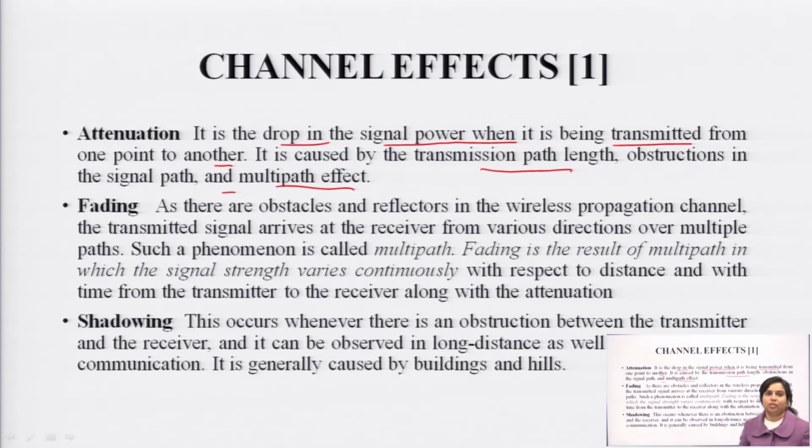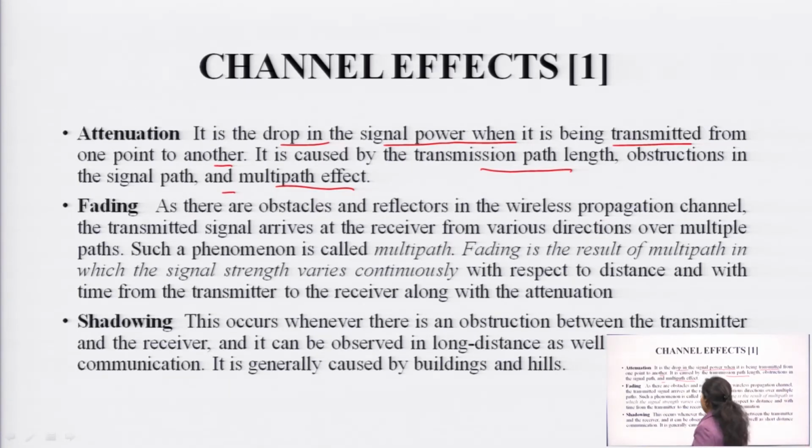The signal is attenuated. When you hear that the signal is attenuated, it means the strength or the power of the signal gets reduced due to multipath propagation, because multiple effects are there, like atmospheric propagation and raindrops, which will change the characteristics of the signal.